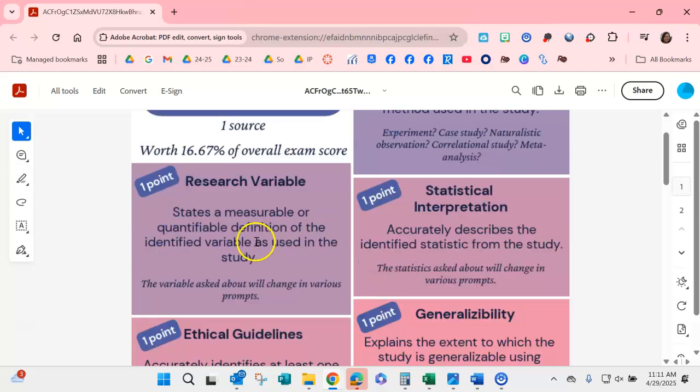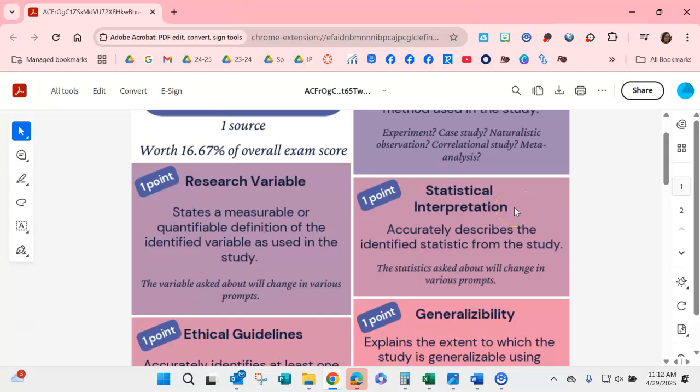Then you have to give an operational definition, a measurable or quantifiable definition, and we'll look at that. I didn't put together a whole practice thing today, but we will do practice on operational definitions before the test. You're going to have to say how you measure stuff, and we'll talk about it a little bit more in a minute. You have to do a statistical interpretation.